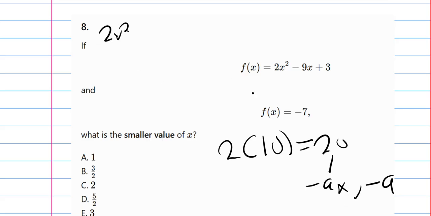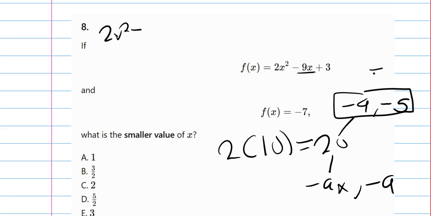So 2x squared minus, because I also forgot to tell you this, the two numbers that add up to negative 9 but multiply to positive 20 would be negative 4 and negative 5, because multiplying both negatives gives positive 20.